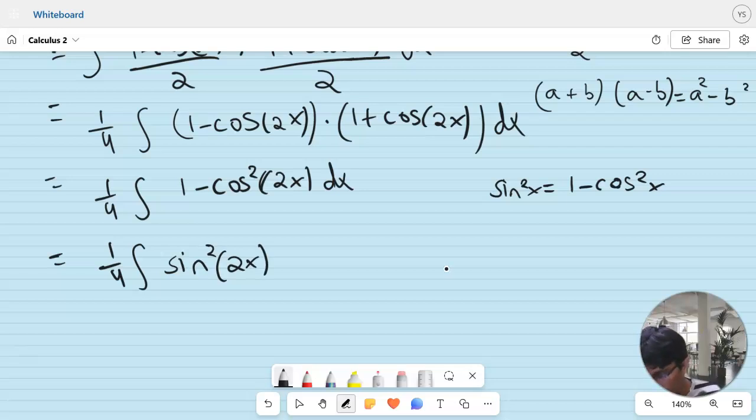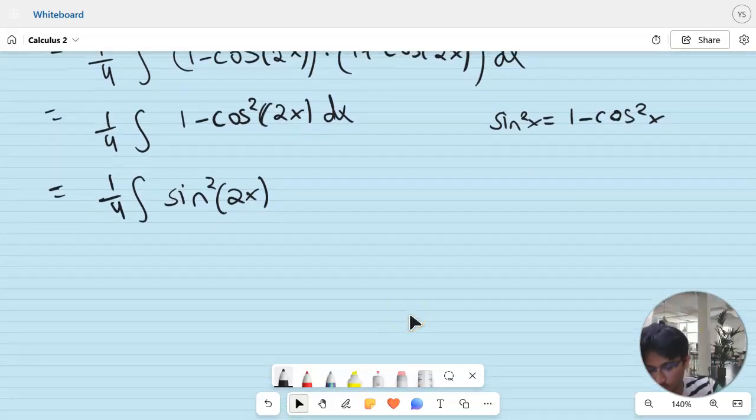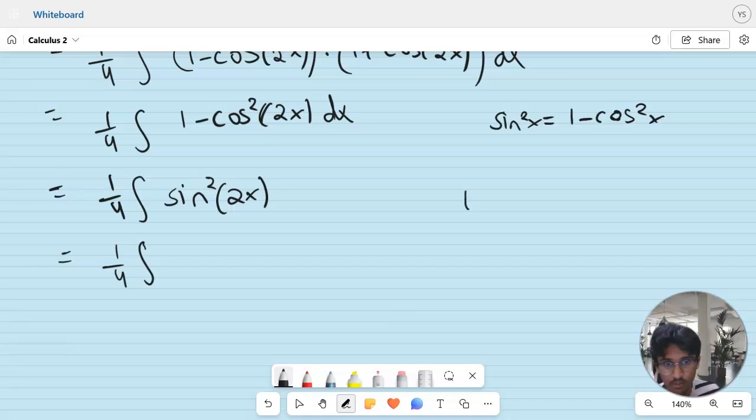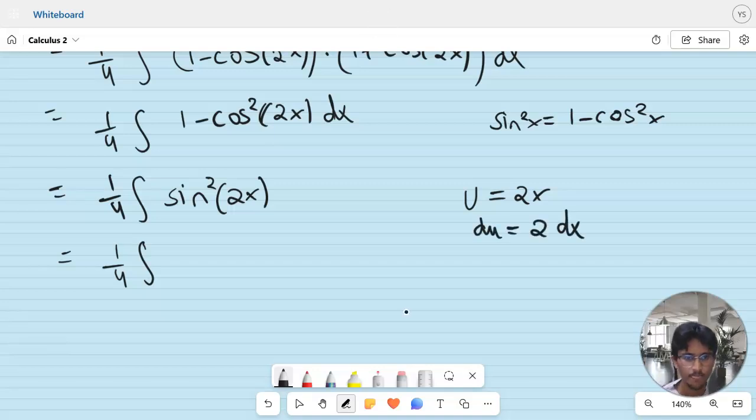Okay, there we go. Now the next step is we could do a u sub for the 2x. We could say u equals 2x, and then du is going to equal 2 dx, right?